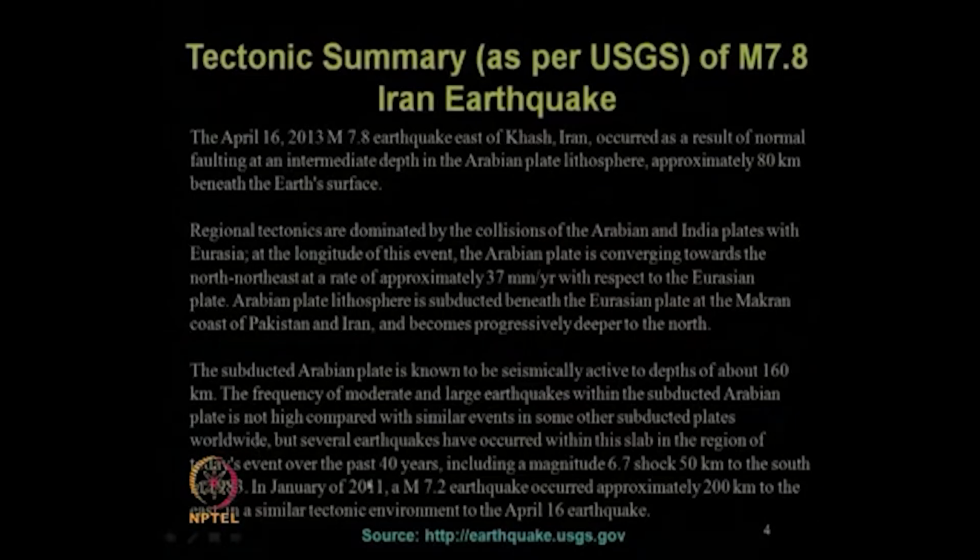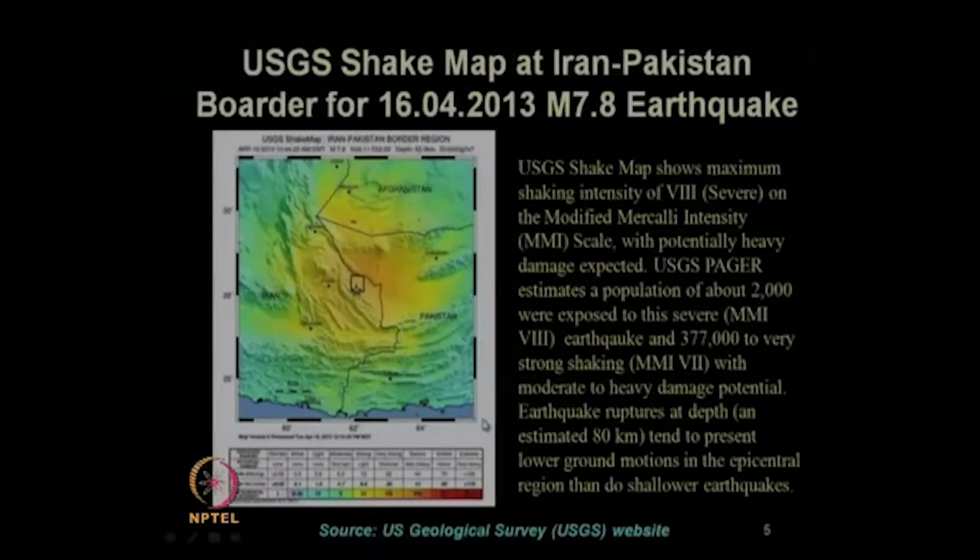Still, over the last 40 years there have been a few large earthquakes, like the 6.7 magnitude earthquake in 1983, then the 7.2 earthquake in January 2011, and the present one, April 16, 2013, of 7.8 magnitude, which occurred because of this subducted Arabian plate movement.